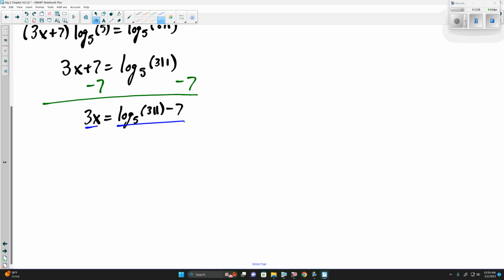So those are going to be two separate terms. And lastly, we're going to divide by 3. Telling us x is equal to log base 5 of 311 minus 7 divided by 3.